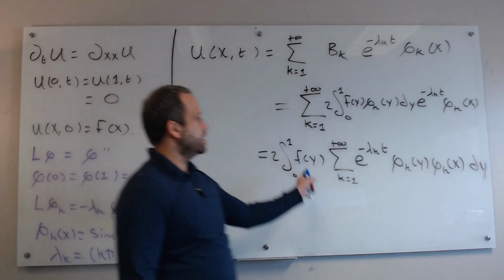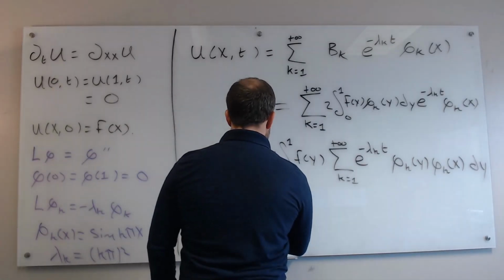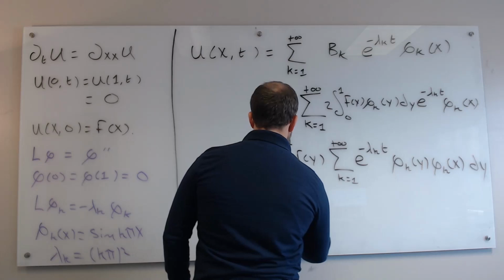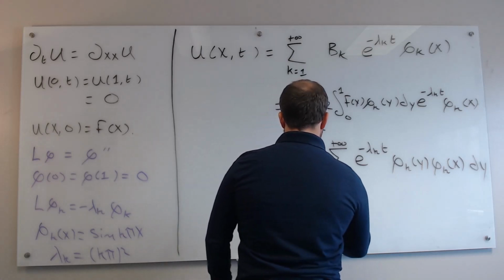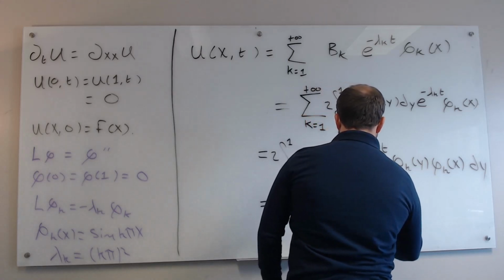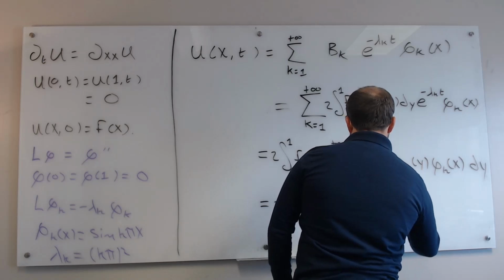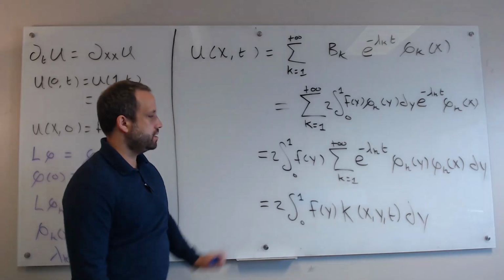And finally, this sum right here, we can just call K of x, y, t, and this is going to be 2 times the integral from 0 to 1 of f of y times K of x, y, t dy. I think I said K of xy, but it should be K of x, y, t.